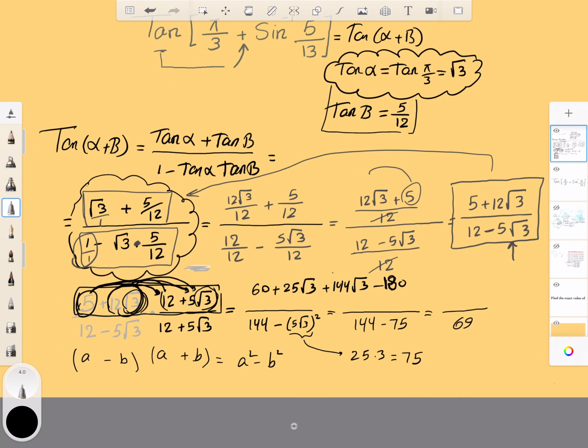Now we can simplify: 60 minus 180 is negative 120, plus 25 plus 144 equals 169. So this will be the final answer.